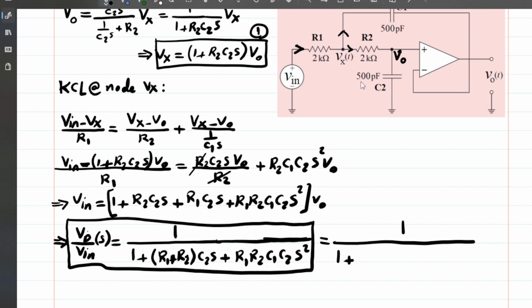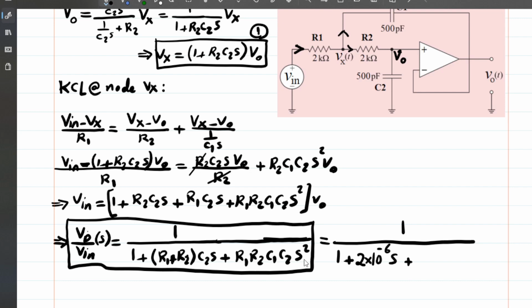C2 is half a nanofarad. So 4 times half is 2, and you have 10 to the 3 because of resistors, and 10 to the minus 9, so you get 2 times 10 to the negative 6 s.